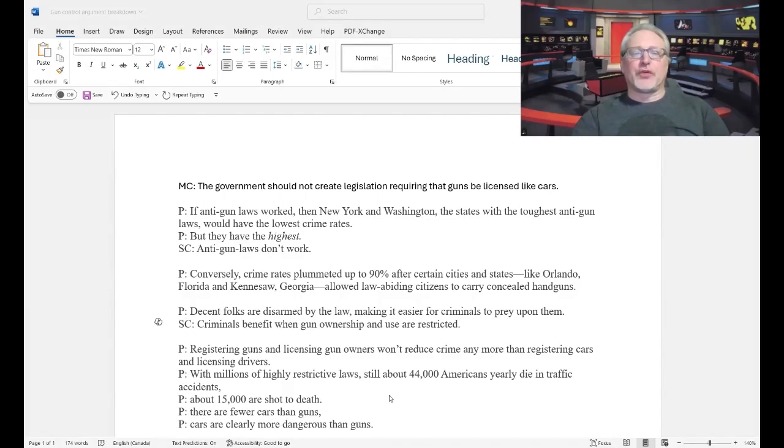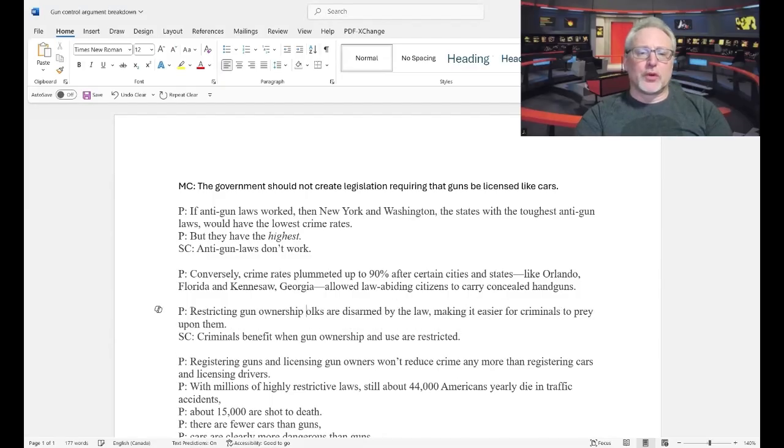Now we're going to have to do a little bit of rephrasing here to make it flow better, to make the connection between the premise and the conclusion as evident as possible. The premise doesn't actually say anything about gun ownership being restricted, so we'll need to add something, possibly rephrasing the premise, possibly adding an implicit premise.